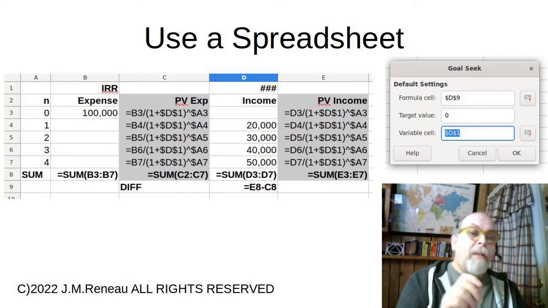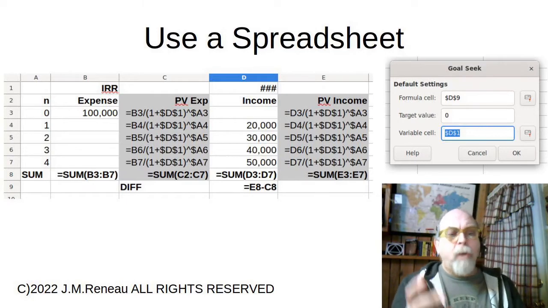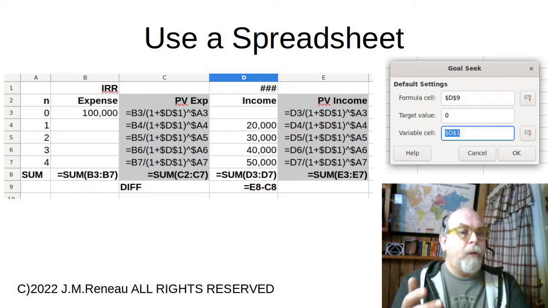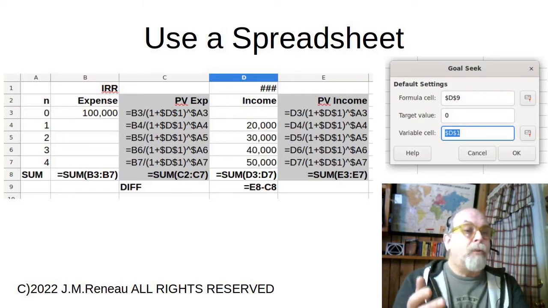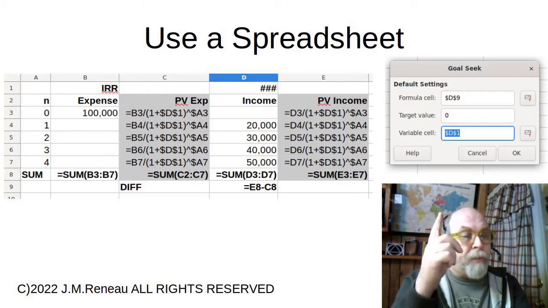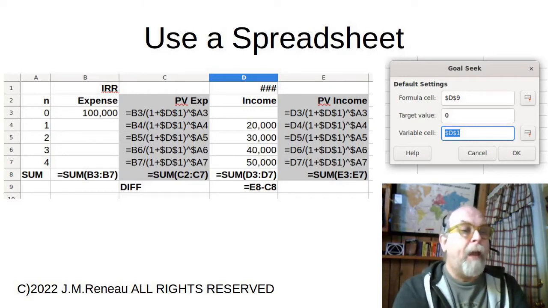So I then go into my spreadsheet and go to the goal seek function. I'm currently using a spreadsheet called LibreOffice, but there is a goal-seeking function in Excel and in all the other spreadsheets I've ever worked with, and they all work basically the same. So what I do is, in the goal-seek window, once it comes up, I tell it the cell that contains the formula.